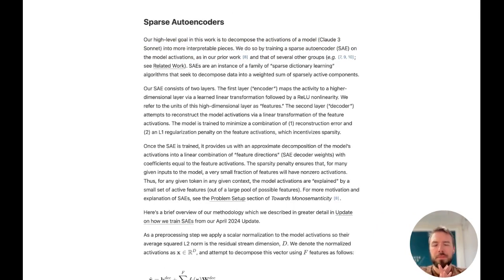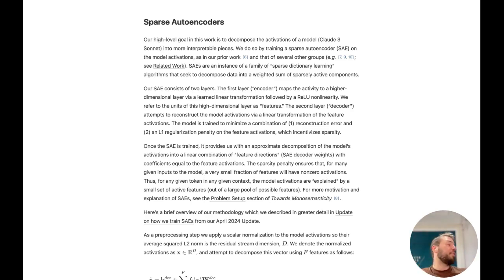We do so by training a sparse autoencoder on the model activations, as in our prior work and that of several other groups. Sparse autoencoders are an instance of a family of sparse dictionary learning algorithms that seek to decompose data into a weighted sum of sparsely active components.